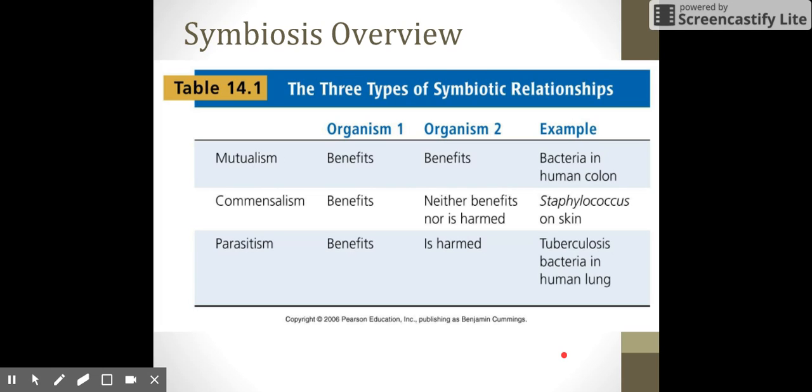Now, the commensalism relationship is one we really don't think about. The organism that benefits is a bacteria known as Staphylococcus that gets a free ride on us while it doesn't do any harm to us at all. And the final one is parasitism, where we can get harmed by tuberculosis, the bacteria that causes tuberculosis, which lives in our lungs and does damage to us. So it harms us, but it doesn't harm itself. It actually lives from it being there.